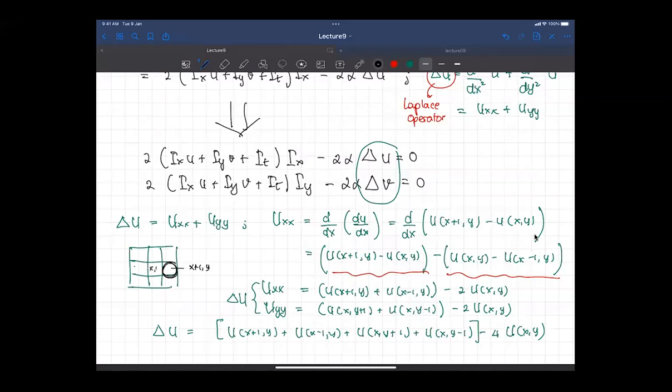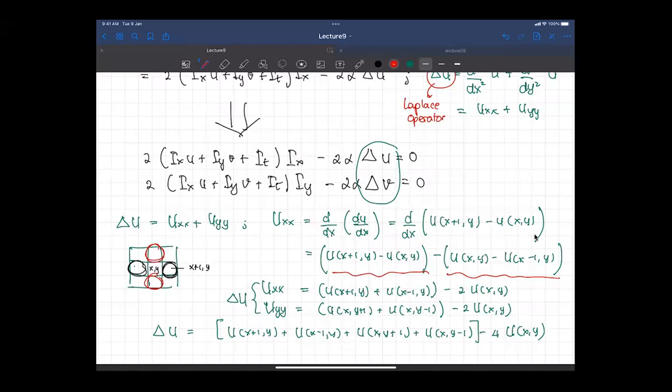This one is xy. And then this one on the top is x y plus 1. This one is y minus 1. Means that you have the sum of the left and right, top and bottom, and then minus the middle one multiplied by 4.